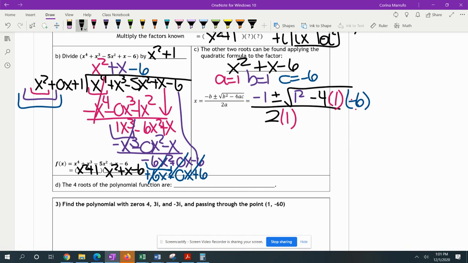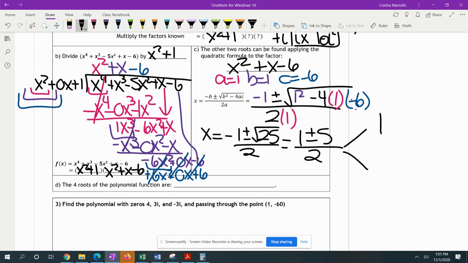And then we start to simplify. So we always start with what is under the square root. So negative 1 plus or minus, we're going to do 1 squared minus 4 times 1 times negative 6, and that gives us 25. We can take the square root of 25 and get a whole number. It gives us 5, and we divide it by 2. So unlike the other problem, we can't divide each one by 2 and get a whole number.